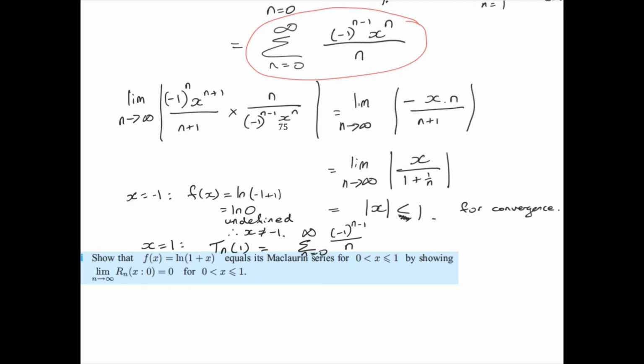Now, I believe this is convergent according to the alternating series test. And you can look that up. Converges by alternating series test. So therefore, what is my interval?